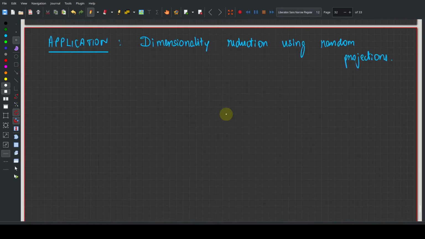Okay, so let's see an application which is very useful in data science and machine learning. This is the problem of dimensionality reduction. The problem is the following. In many cases, you have very large data sets, and you want to perform some kind of processing on them.